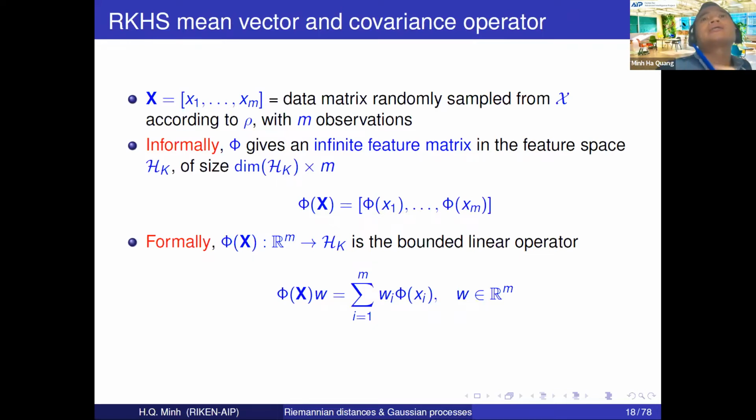Then we assume that we have a data set X with m observations x_1 up to x_m. Now this feature map phi will give, informally, an infinite feature matrix of phi(x_1) up to phi(x_m), but formally it is a linear operator. So it maps R^m to H_K. It is given by this formula here.